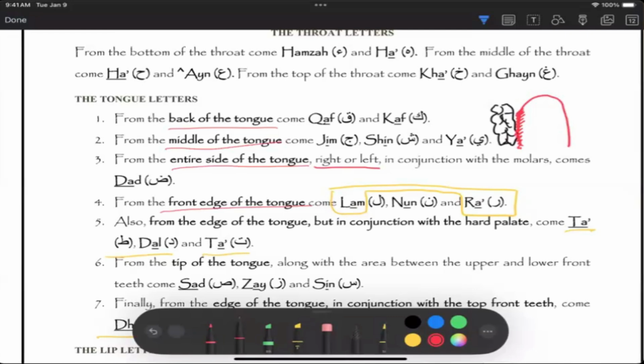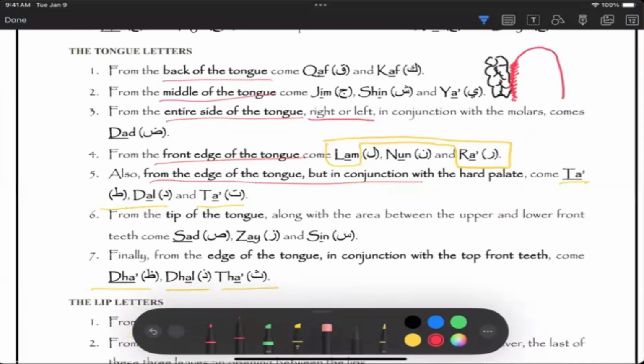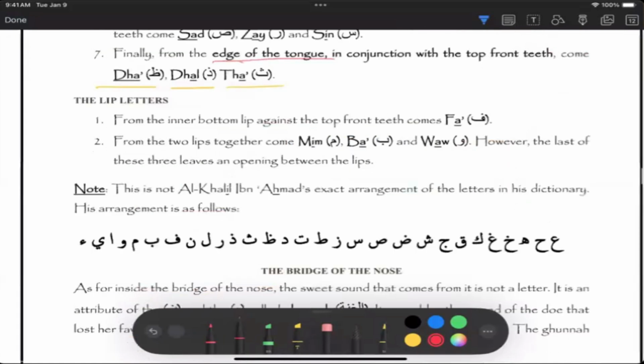That from the front edge of the tongue, but in conjunction with the hard palate. From the tip of the tongue, the edge of the tongue. Lip letters. Maybe waw has its own exit, since it leaves a hole in the middle.